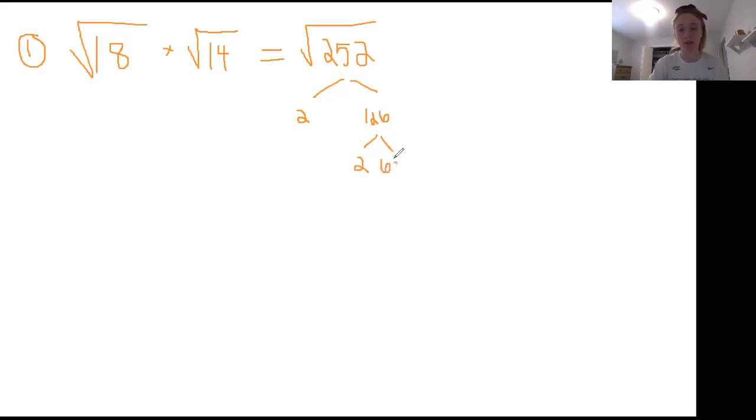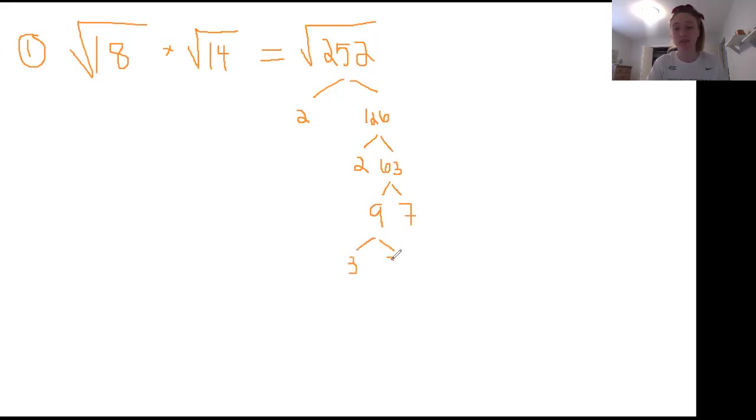All right, so I got 2 and 63. Let's see, I think I can divide 63 by 9. I get 9 and 7, because 9 times 7 would give me 63. Now 7, I'm done. I can't factor that anymore. Nothing multiplies to give me 7. But for 9, I know that is 3 and 3.